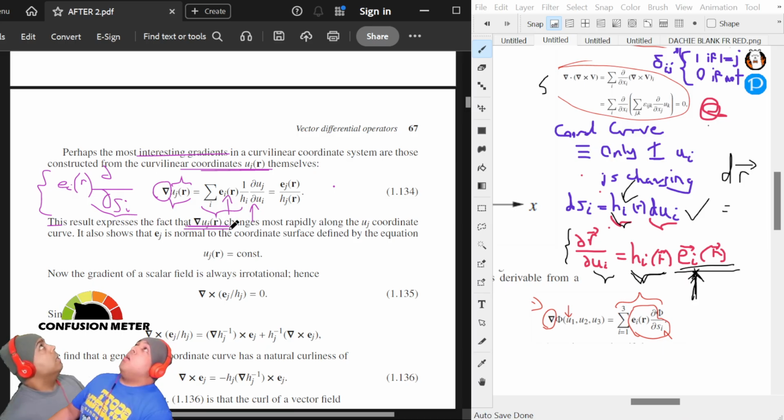I agree with this. The gradient changes most rapidly along the coordinate curve, yeah. It also shows that EJ. What I'm trying to figure out is the difference between UJ and EJ, although it's constructed from the curvilinear coordinates UJR.